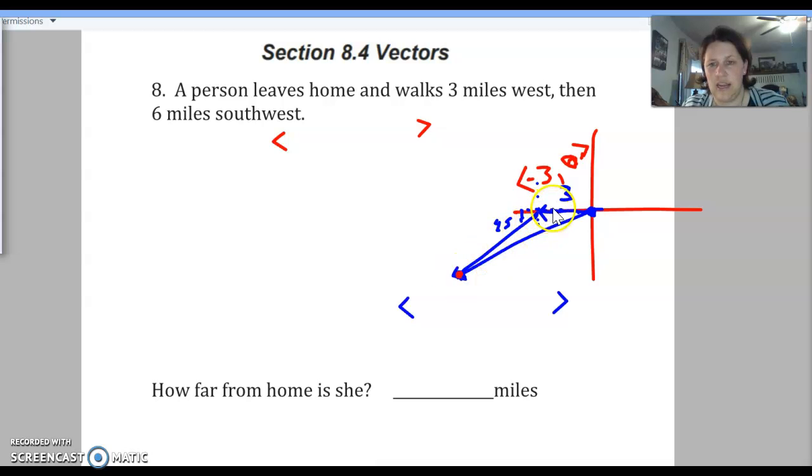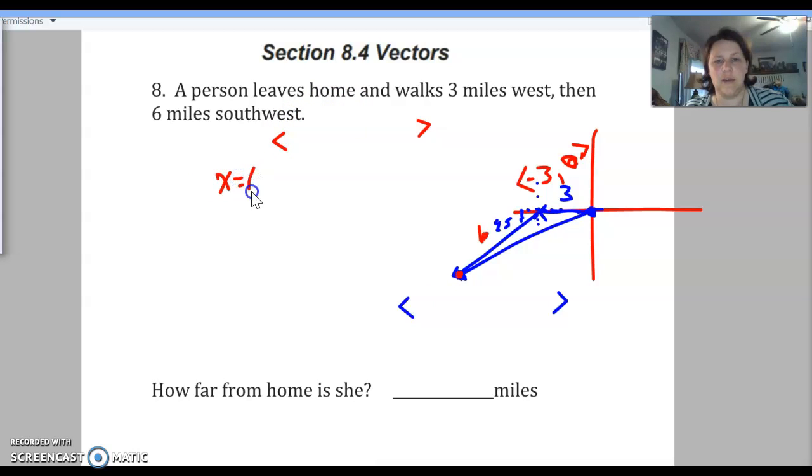It has a theta value of 225 degrees, and it has a magnitude of 6 because they told us she walked 6 miles this direction. So we know its theta value, 225 degrees, and we know its magnitude. Therefore, we can find its own as if this was the origin. So we've got to be careful with that. That's why I'm not writing it down here, because it's not in place if I write it down here. Okay, this is a preliminary point that we're going to look at.